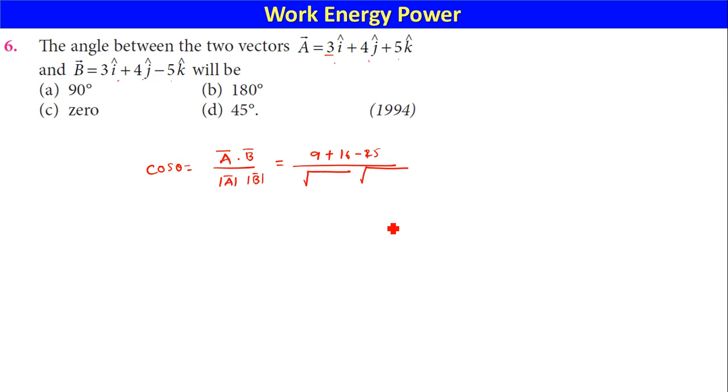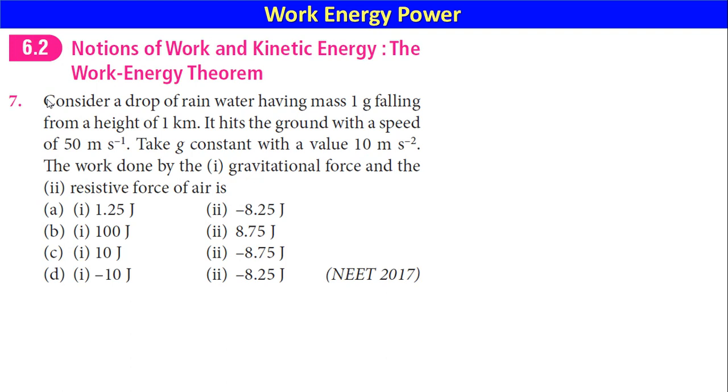I don't have to find that because the numerator itself is becoming 0. 9 plus 16 is 25, 25 minus 25 is equal to 0. Alright, so cos of the angle is equal to 0. That angle is supposed to be 90 out of these options, isn't it? Yes.